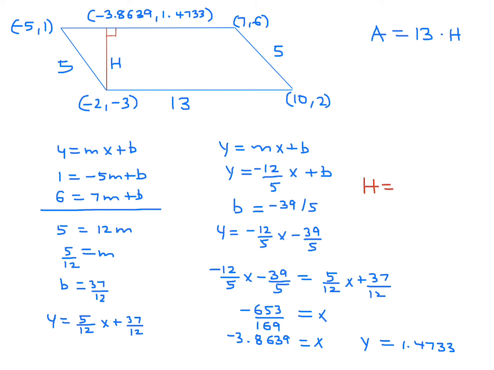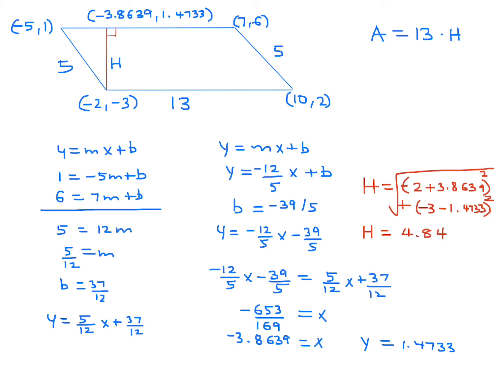So now we can easily figure out h. h will be the square root of minus 2 plus 3.8639, all squared, plus minus 3 minus 1.4733, all squared. So h, when you do that math, you get approximately 4.84.